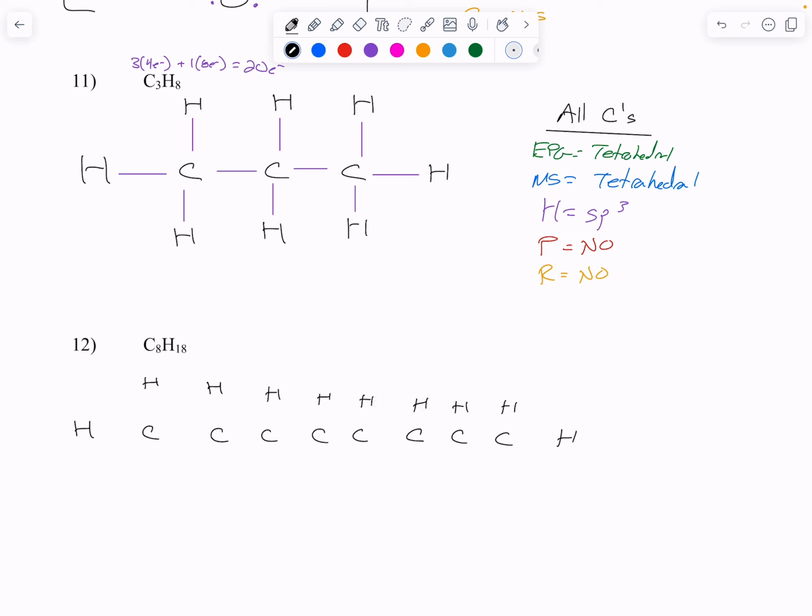Now, technically, they're 109.5 degree bond angles, and so that means they're not just straight like this, but this is your carbon chain. This is not usually the octane in gasoline, but it's octane. Same there. All right, moving on.